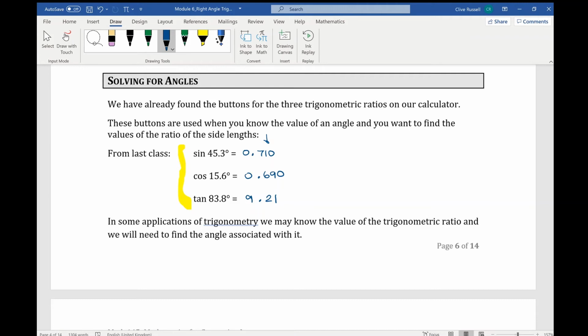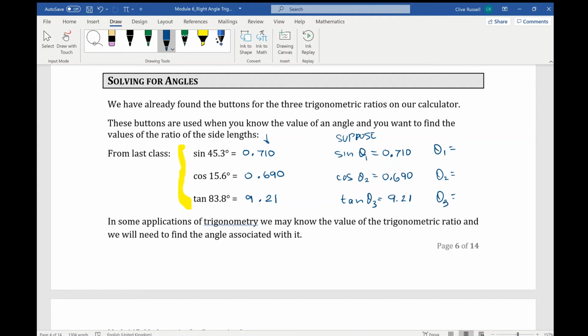Now, supposing that you knew that the sine of some angle theta 1 was equal to 0.710, and also that the cosine of some angle theta 2 was equal to 0.690, and also that the tangent of some unknown angle theta 3 was 9.21, and we wanted to find what theta 1, theta 2 and theta 3 are equal to.